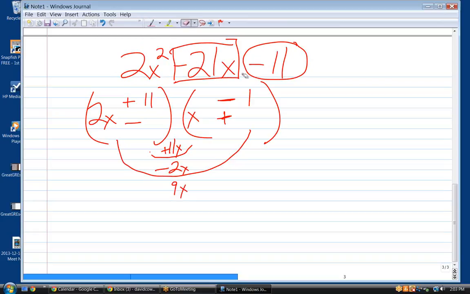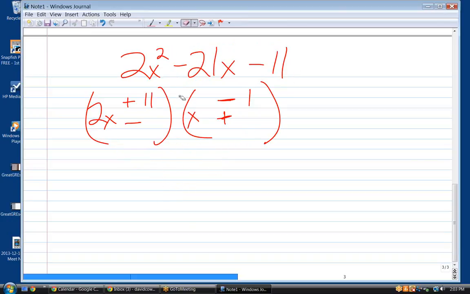Nope. So now we try the next combination, which I would say, without giving it any thought at all, I'm going to put the 1 here and the 11 over there. Now, does that work?